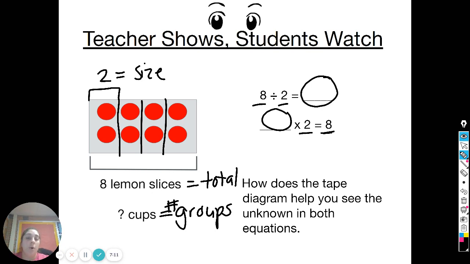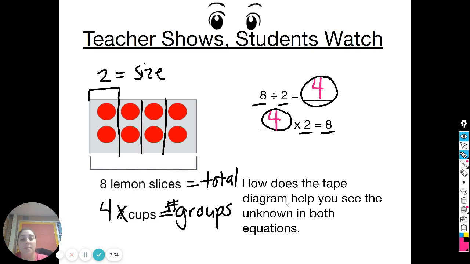Okay, so what we're going to do is go ahead and count the number of groups that we made. Well, here's 1, 2, 3, 4. So we ended up making 4 groups, which means we'll need 4 cups.